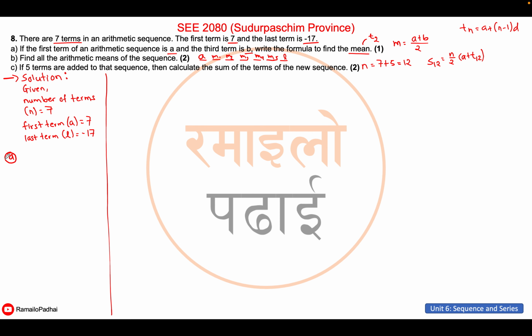Now moving on to A, if the first term of an arithmetic sequence is A and third term is B, the formula to find the mean.